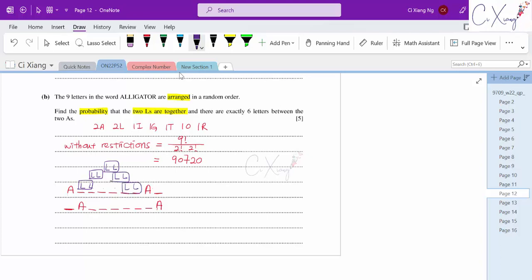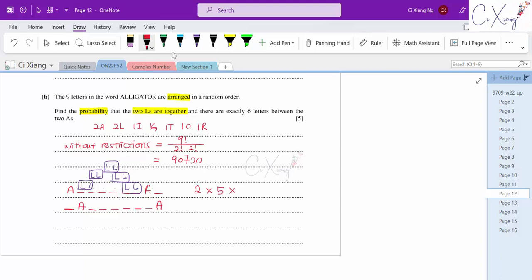That means for both L, they have 5 different positions to be placed between the spaces in the A. The same thing happens for the second case, also 5. So for the A, I have 2 ways to put the A with the 6 letters in between, and for the L, I have 5 ways to put the L, so times 5.